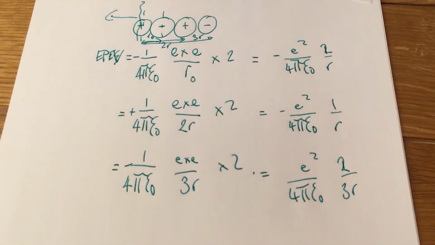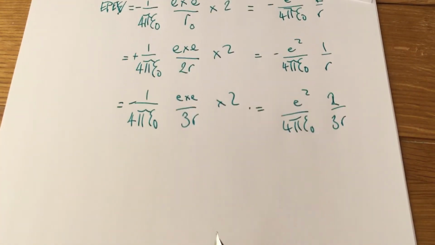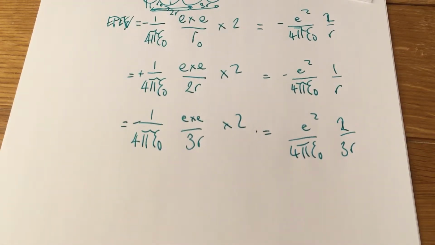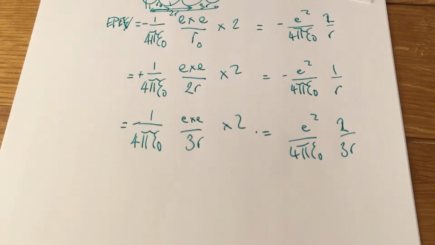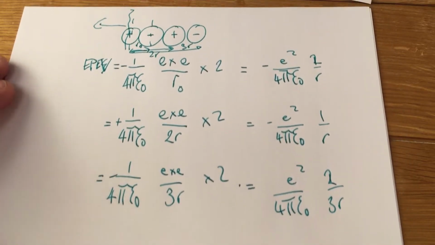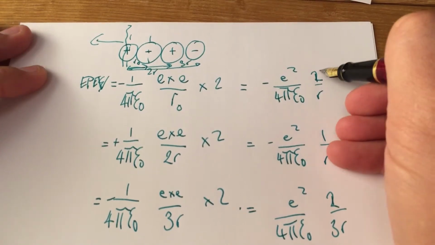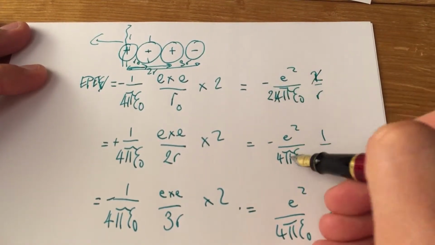So, let me just refer back to my previous workings. We are going to take all of these pairs and just get rid of those 2's by placing a 2 down there.